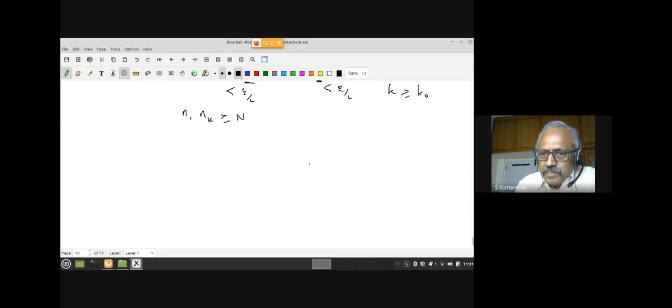For example, my n1, n2, n3 may be 7, 29, 10 to the power 2, and n4 may be 10 to the power 2 plus 5 and so on. Here the condition says k may be greater than or equal to 4, whereas here the condition says this particular number itself should be greater than or equal to capital N.